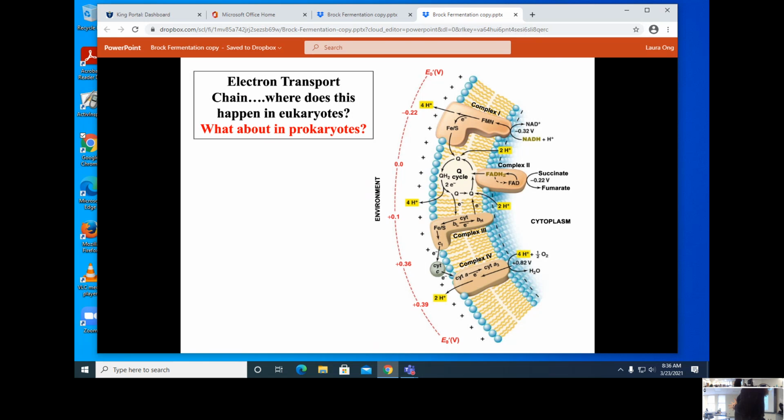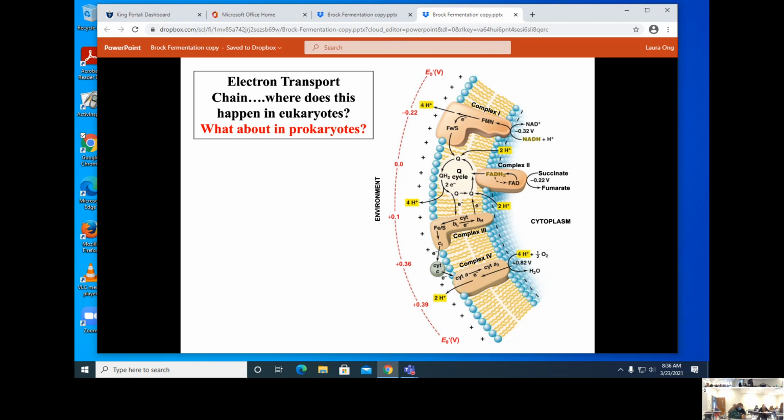What if it was you yourself? What could make your electron transport chain stop operating? Maybe something that happens with H plus concentration that would stop it.